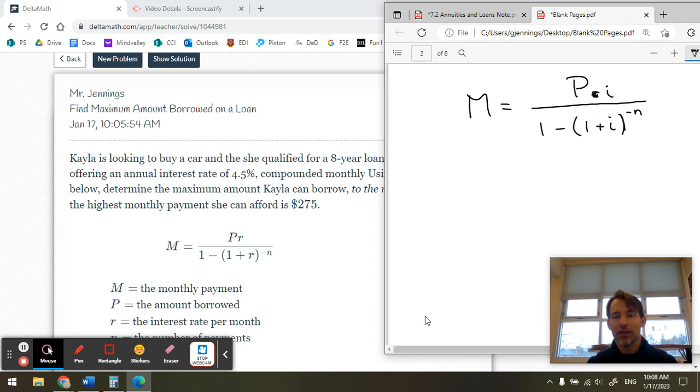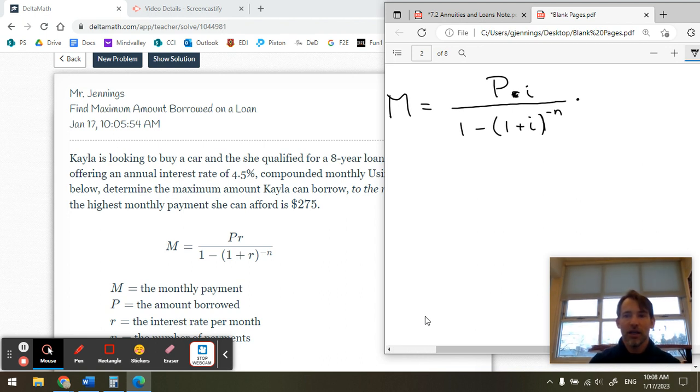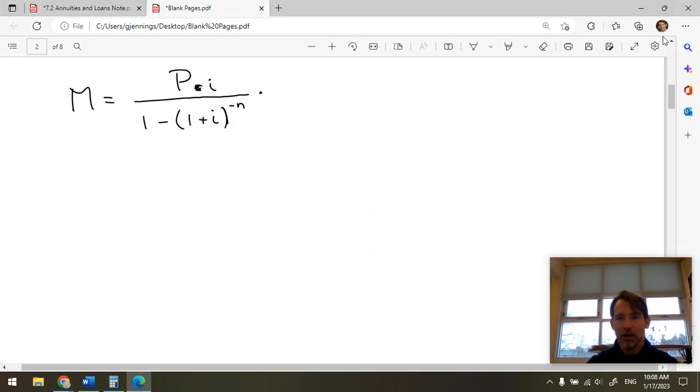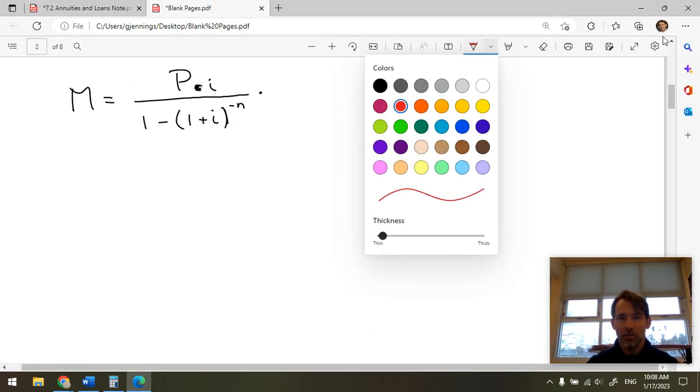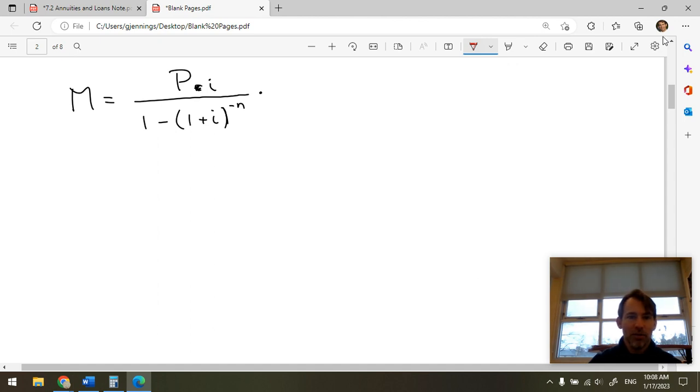Okay, let's reorganize this to isolate for P. First thing I'm going to do is multiply both sides by the reciprocal. What do you mean, Mr. Jennings? Well, let's just go big here, and we'll use our inverse operations pen. I'm going to multiply both sides by I on the bottom, so it's going to cancel that.